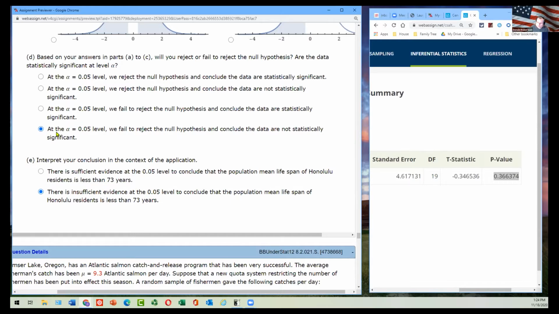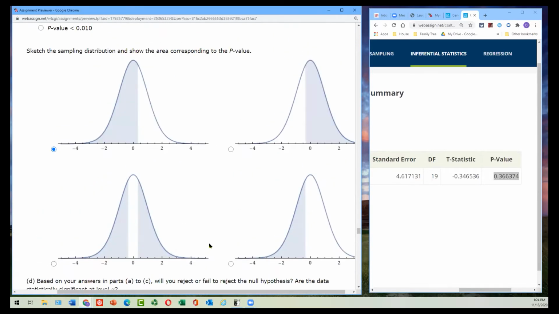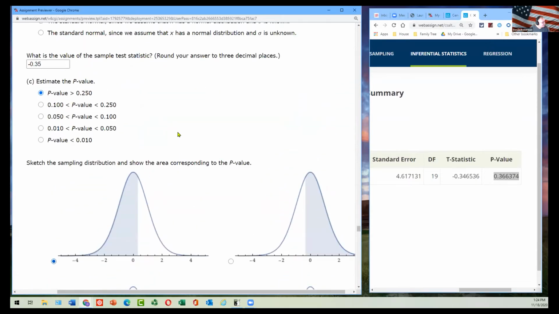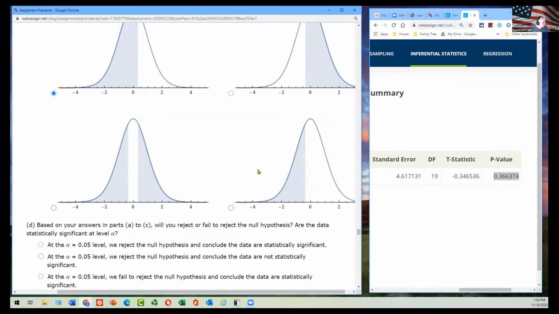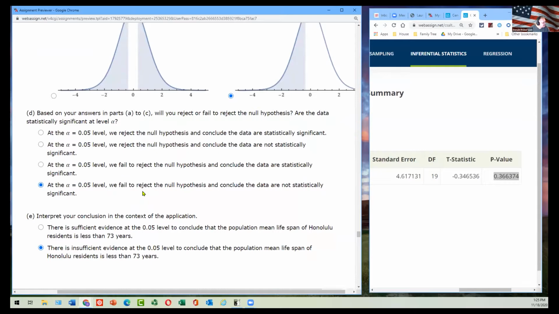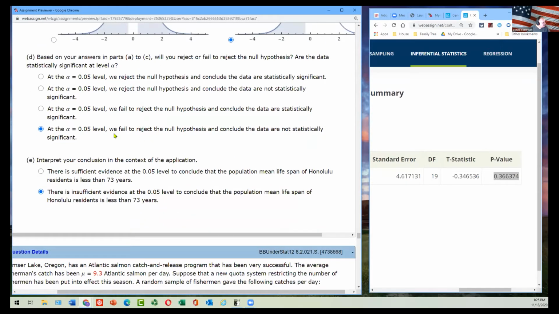It's always going to be the same sentence. And it's the graph again. There's the graph. Why is it this bit? Well, that's an old number, isn't it? It's this one. It was a negative number to the left. Okay, so back to this fella. You always fail to reject the null hypothesis when it's not statistically significant.